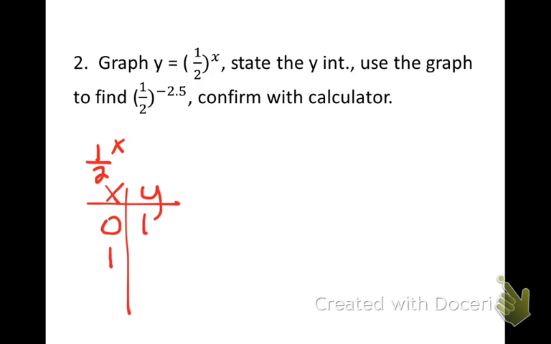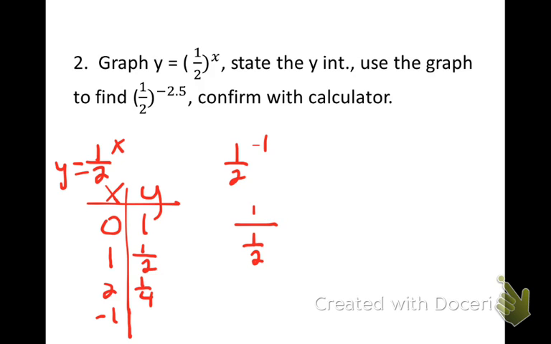If we put in a 1, we would get 1/2 to the first power is 1/2. If we put in a 2, 1/2 squared would be 1/4. Let's put in a negative 1. So 1/2 to the negative 1 power would be 1 over 1/2.